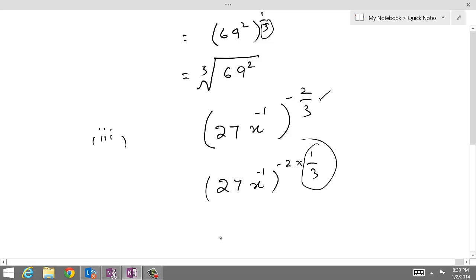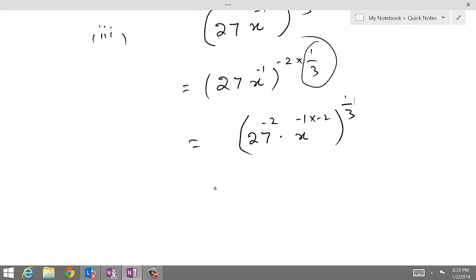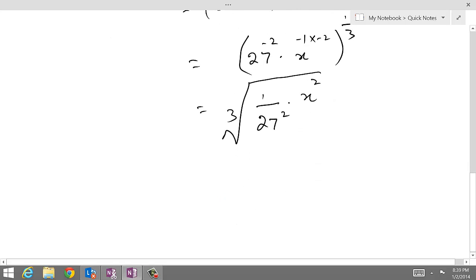We separate 1 over 3 now, and we will write this as 27 power minus 2 into x power minus 1 power minus 2, and we take the power 1 over 3, and then this would be 1 over 27 square, x power minus 1 times minus 2 is 2, and then third root here. That is how we can write it.